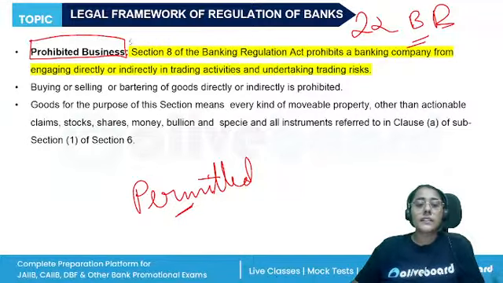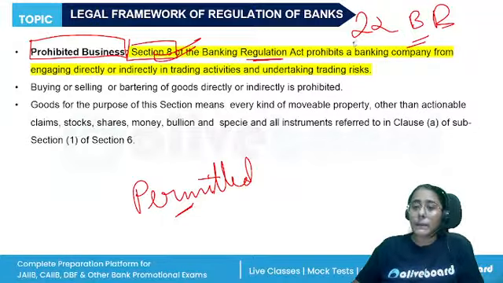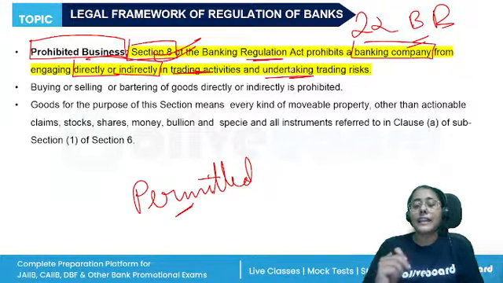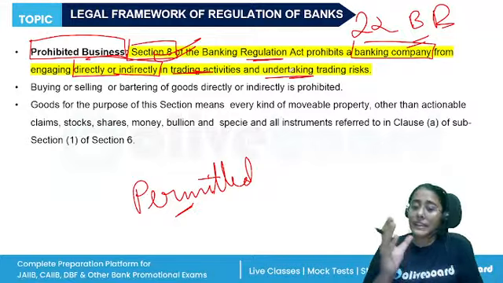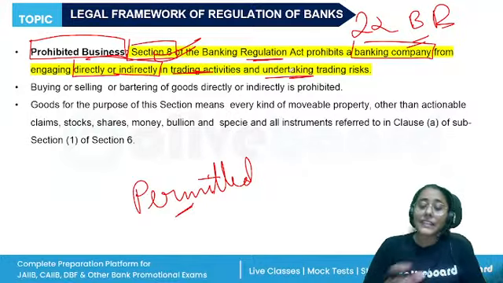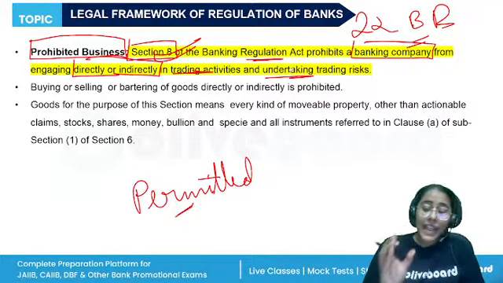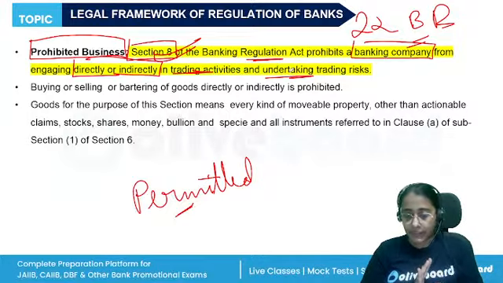Here comes the third important section. Section 8 of the Banking Regulation Act prohibits a banking company from engaging directly or indirectly in trading activities or undertaking trading risk. Directly means the banks cannot deal, buy, sell, or hold in favor of their customer any tangible goods, right?